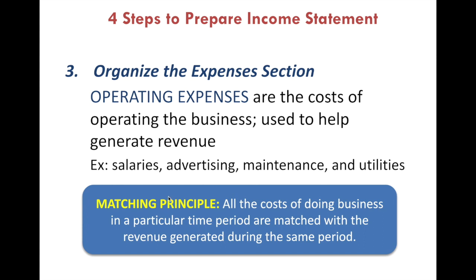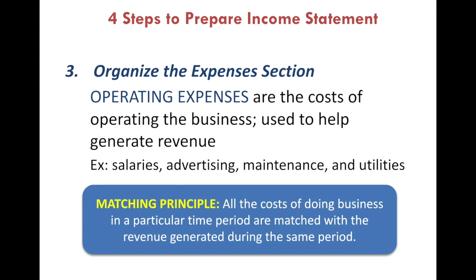Now, the matching principle isn't something we're going to go into too much detail with, but it is a fundamental accounting principle that you need to know, so I'm going to teach it to you. The matching principle states that all costs of doing business in a particular time period are matched with the revenue generated during the same period.